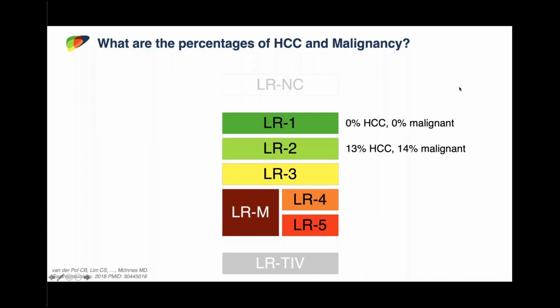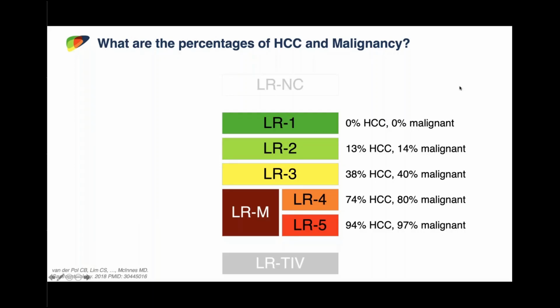For LI-RADS 2, according to the published literature, 13% are HCC and 14% are malignant. For LI-RADS 3, it's 38% and 40%. For LI-RADS 4, it's 74% and 80%. For LI-RADS 5, 94% are HCC, 97% are malignant.